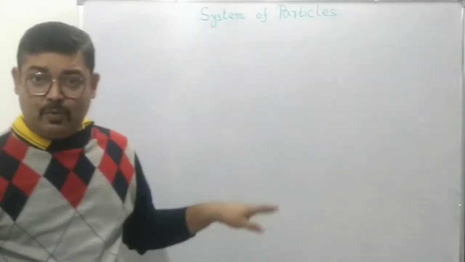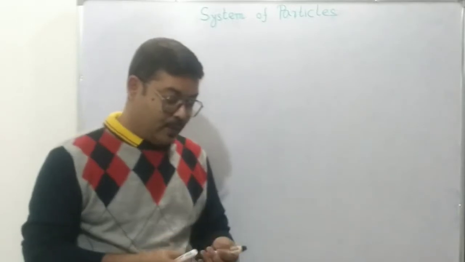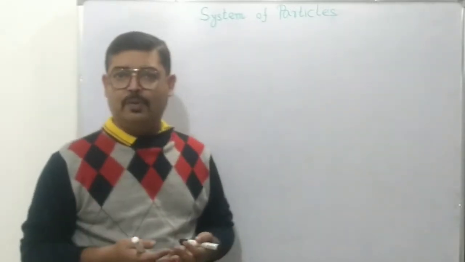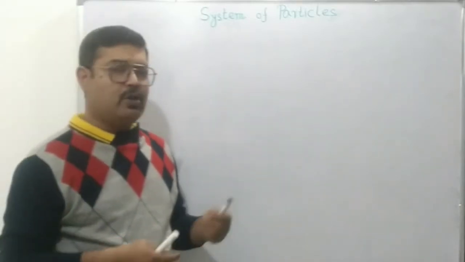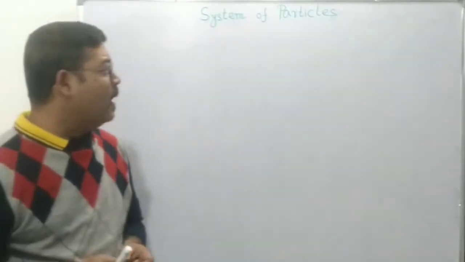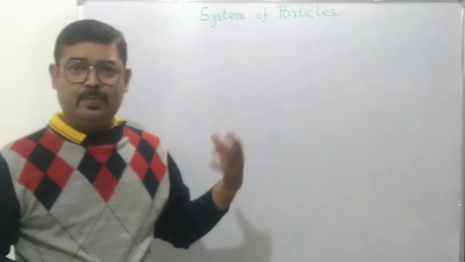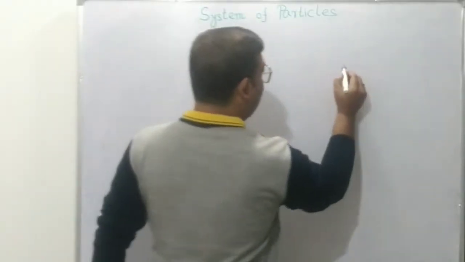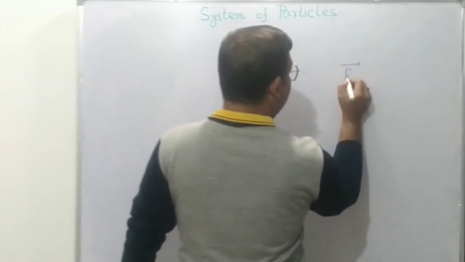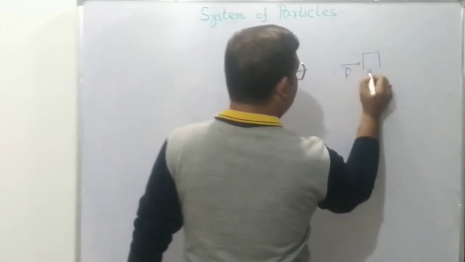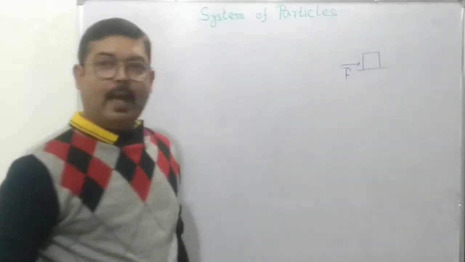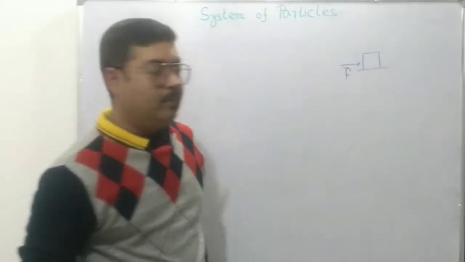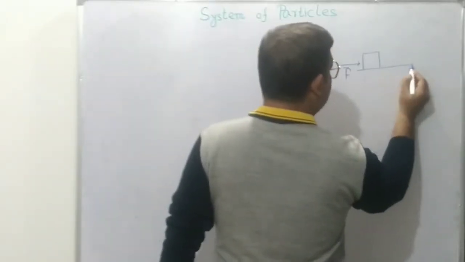Now, while doing all these discussions, we have taken different types of bodies. Say we have spoken about blocks of wood or balls or bullets, and we have said that a force is applied, say a force of F is applied to somebody, and so the body achieves certain motion, maybe in a straight line or in a plane.